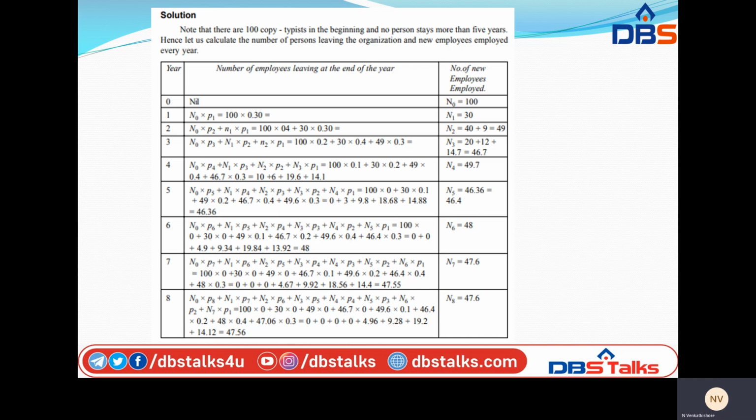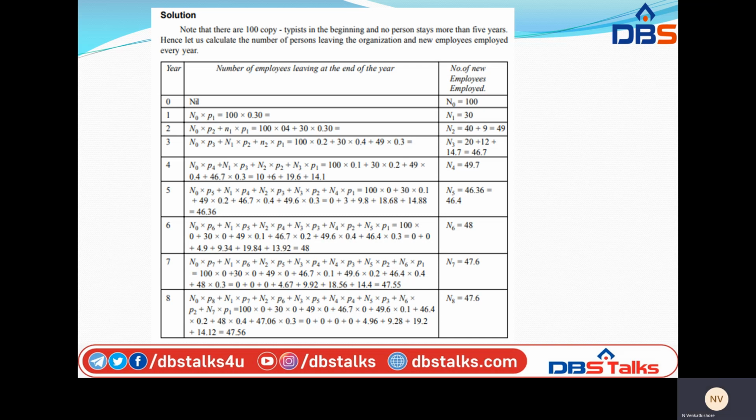Second year means the original 100, that is n0 into p2, plus n1 into p1. That is the number left out, with the probability for the second year. How much is the probability? 40%. That is 100 into 40, plus how many people came newly in the first year?